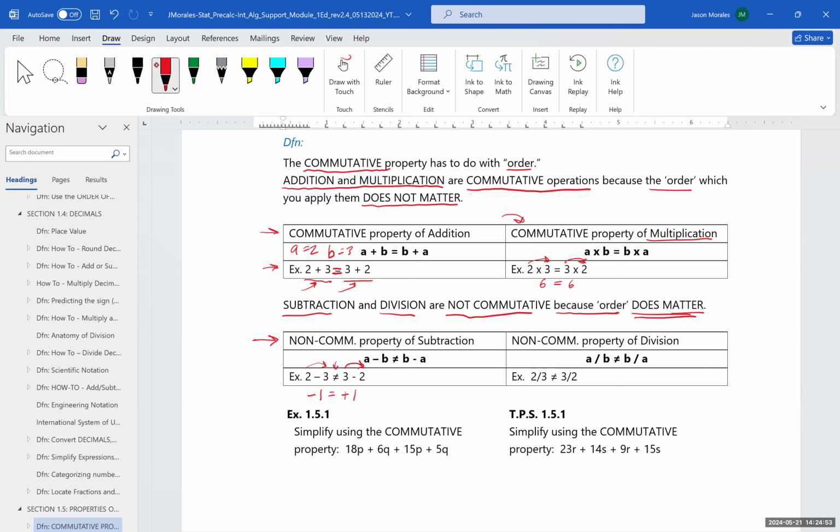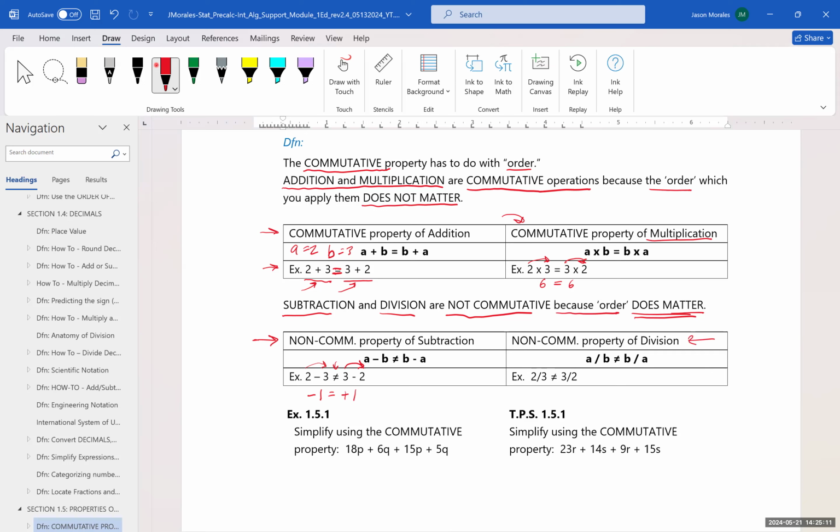And those are not equal results. So even though we use the same numbers for a and b, by simply reversing the order in which we subtract, we get a completely different answer. So that's what it means for subtraction to be non-commutative.